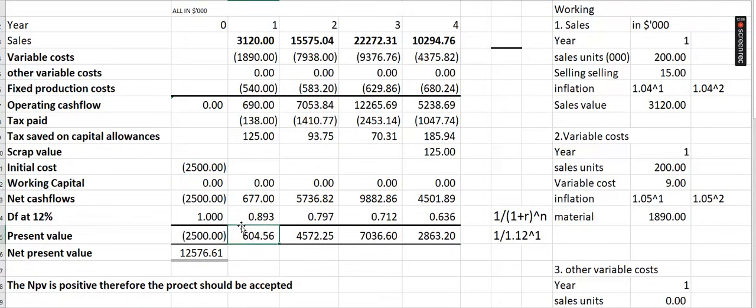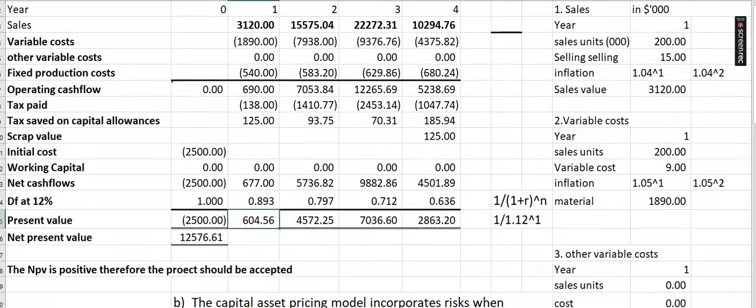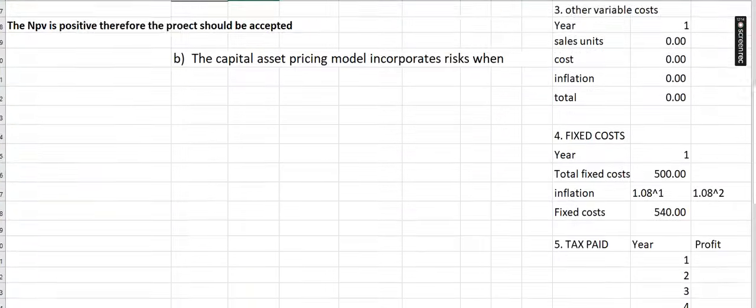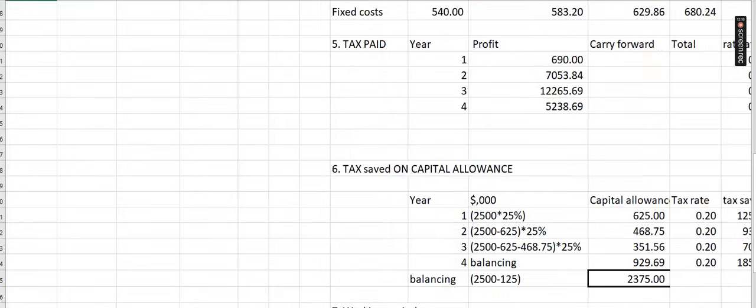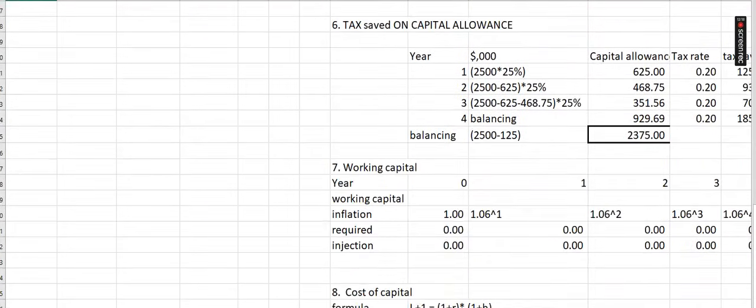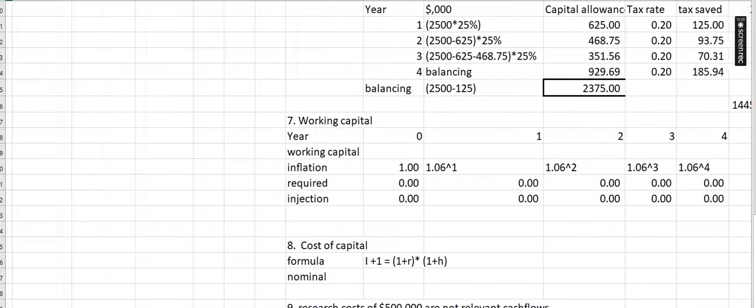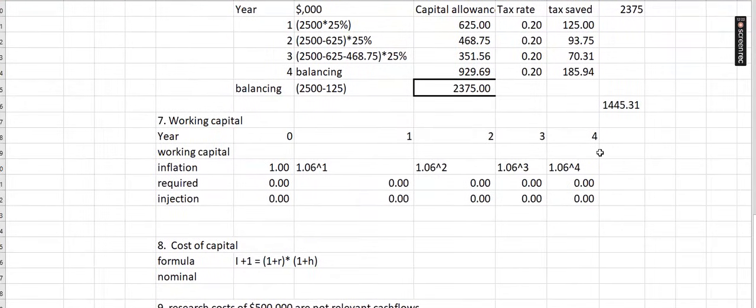Then next we have to look at working capital. So we have a separate working for working capital. Okay, so a working capital format working will look like this. You start from year 0 because we invest in year 0. Year 0, 1, 2, 3, 4. Then you put your working capital value.